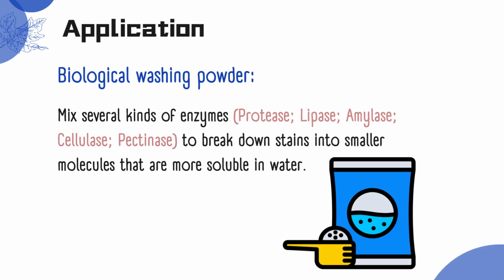Surprisingly, enzymes can also be found in your washing powder. Several kinds of enzymes that can specifically bind to target stains, such as proteins, starches, fat, etc., can break down stains into smaller molecules that are more soluble in water.